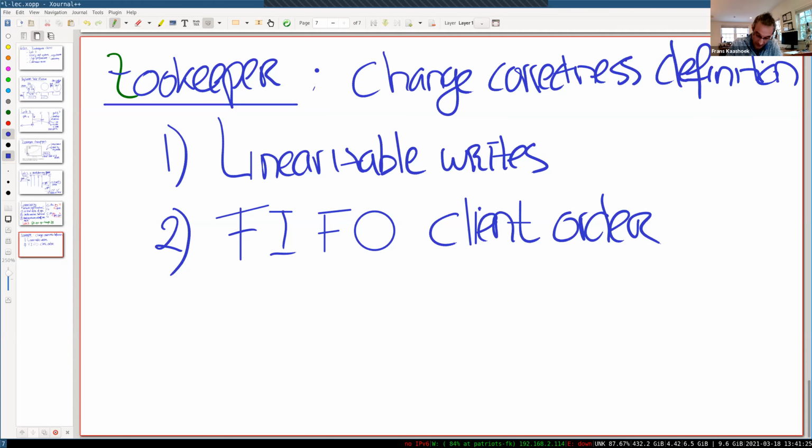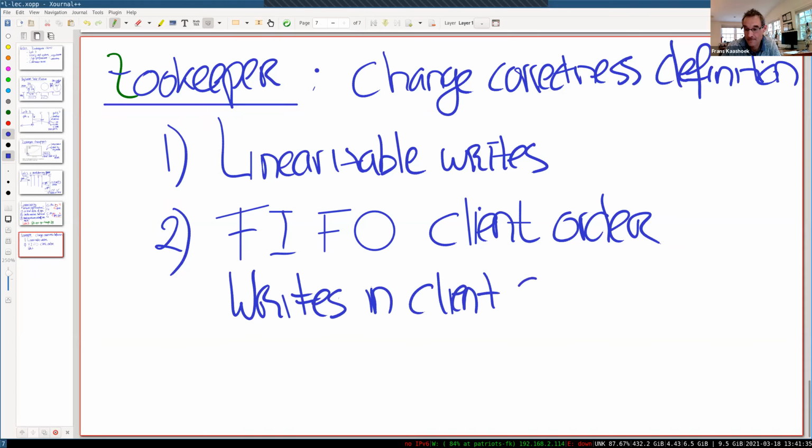And so, in particular, writes go in client order. And then reads is where all the action is, where the interesting properties are.